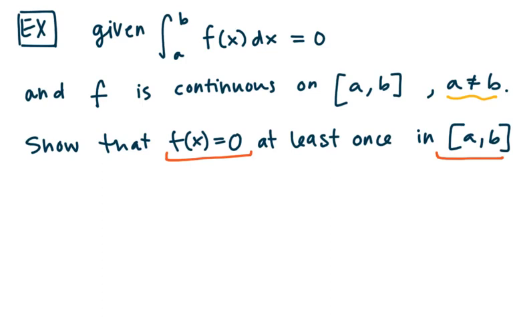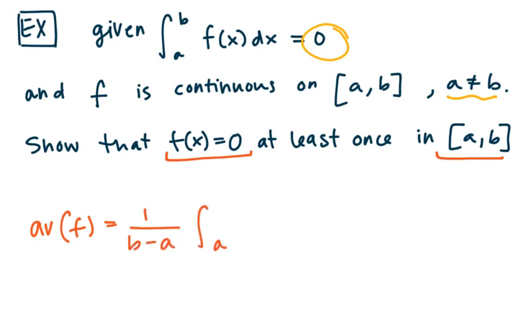So in order to do this, we are going to calculate the average value of the function. And if we can show the average value is equal to that function output, 0, then we can say this will be true by the mean value theorem. So my average value formula, the average value of f, is going to equal 1 over b minus a times the integral from a to b of f of x dx.